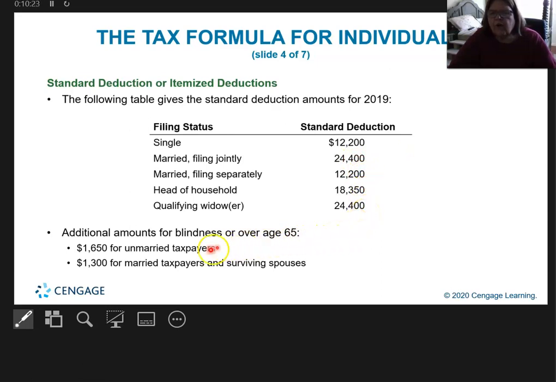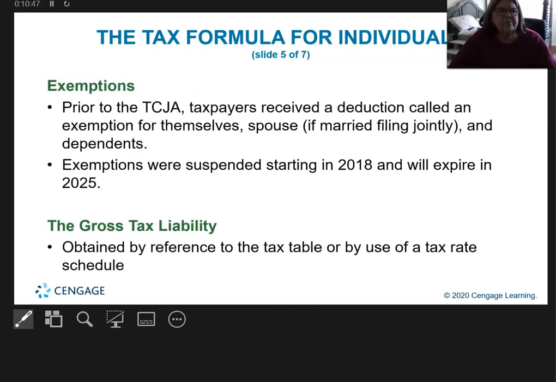Okay, if you're over 65, you get some special considerations. You're going to get $1,650 added to your $12,200. Sorry, guys. So these are your standard deductions, and remember, you're going to look at them, compare them to your itemized deductions, and then we're going to look at exemptions.